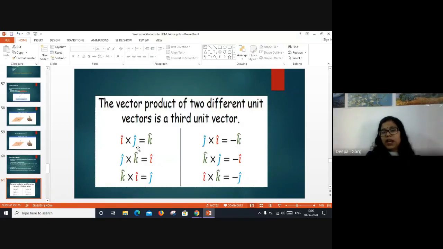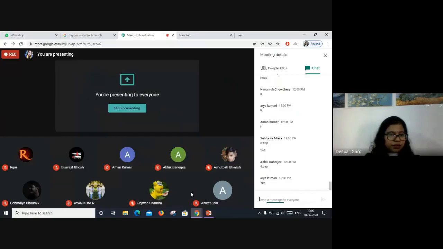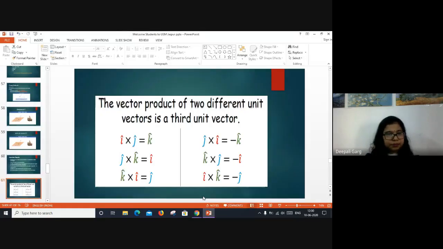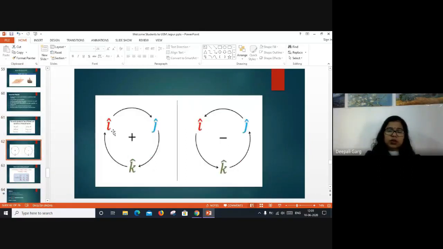Similarly, j into i. Now I have changed the order, so I have to multiply by minus sign. I have to balance this by minus sign. So I think you know this. Shall I move forward? Okay, so we should go forward. You can learn this also in this format.